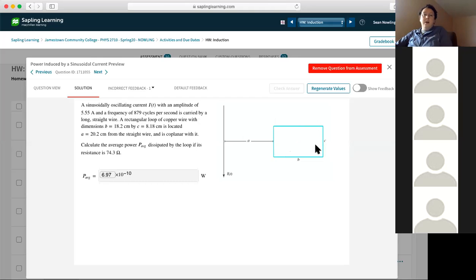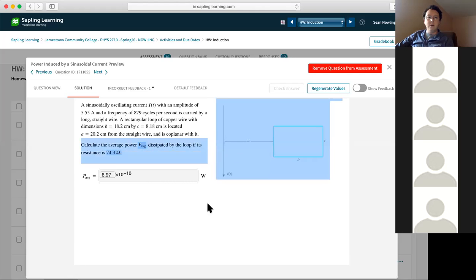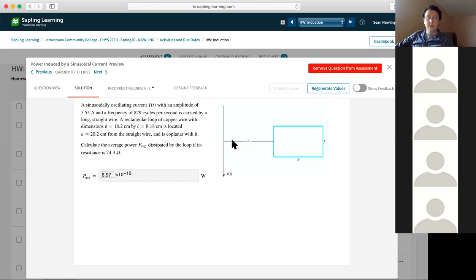All right. So raise your hand if the story of what's happening is clear. All right. If so, then we just have to go through the steps. We first calculate the magnetic field from the wire, as a function of the distance away from the wire.